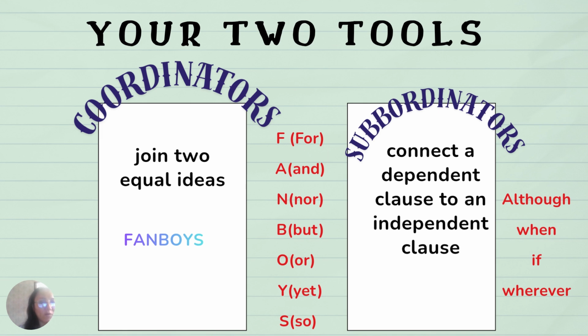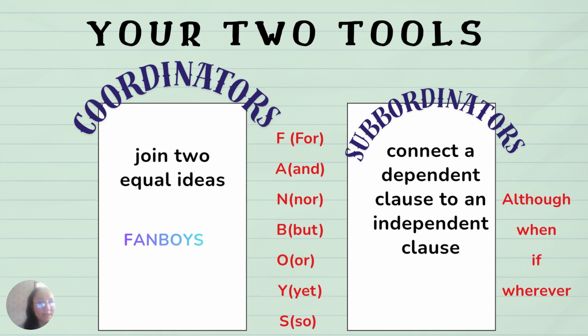F stands for for, A stands for and, N stands for nor, B stands for but, O stands for or, Y stands for yet, S stands for so. So they all join two equal ideas.